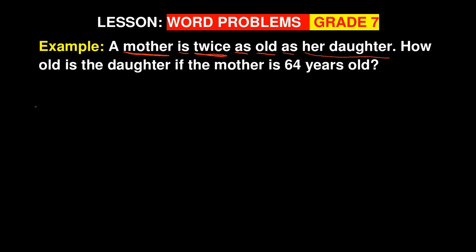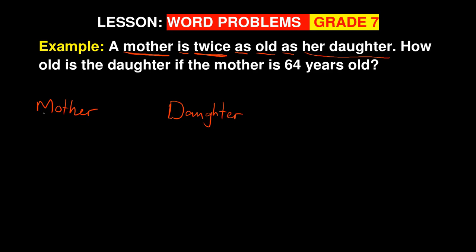So now if I have a mother and I have a daughter, so I've got these 2 people. Now the mother and the daughter, they have got their own ages. So they are saying the mother is twice as old as her daughter.